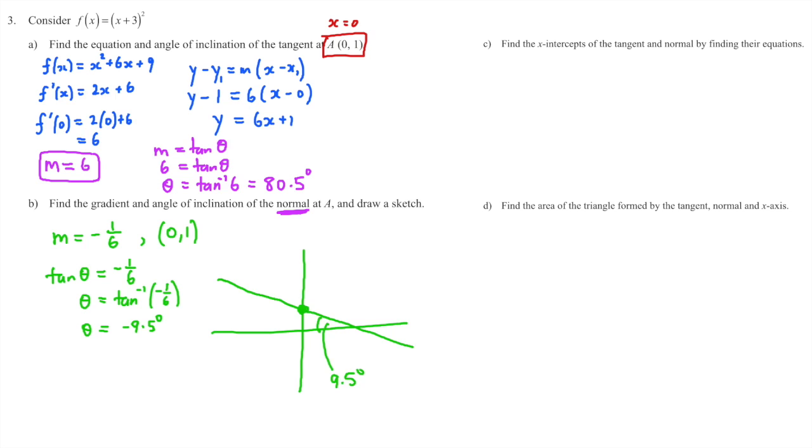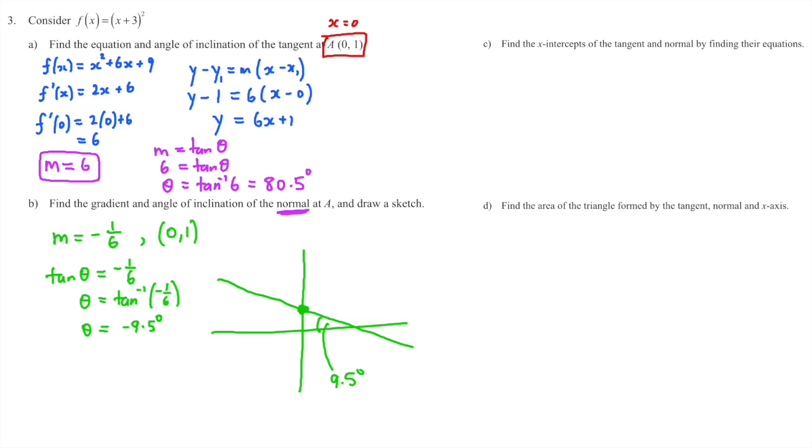Because when you see a negative angle, it gives you the angle on the left side of a line when you're talking about gradients. And if it's a positive angle, it's on the positive side. So it's always up on the upper side of the x-axis, positive angle, negative angle. So there's my sketch of the normal at A.